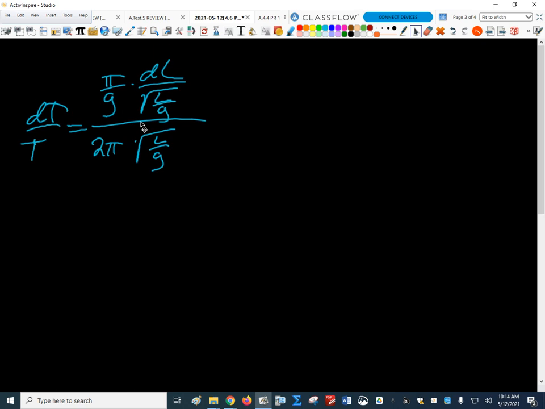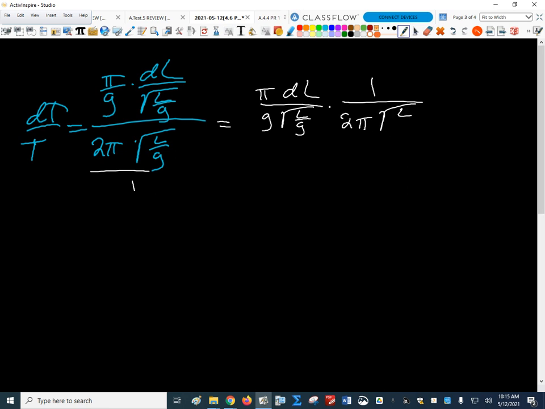Okay, so then on the bottom, I could treat this whole thing as being over 1. So then I'm just going to end up with whatever I have on the top, which is pi dl over g times the square root of L over G times 1 over 2 pi times the square root of L over G, right?